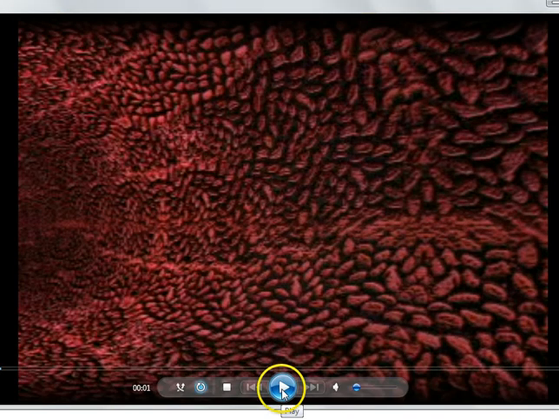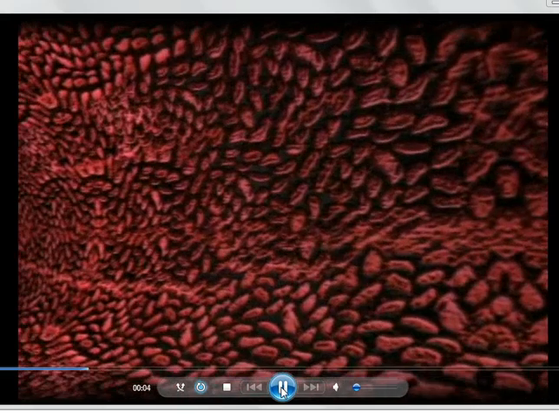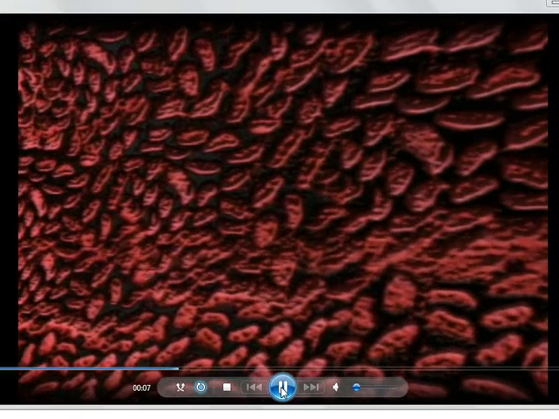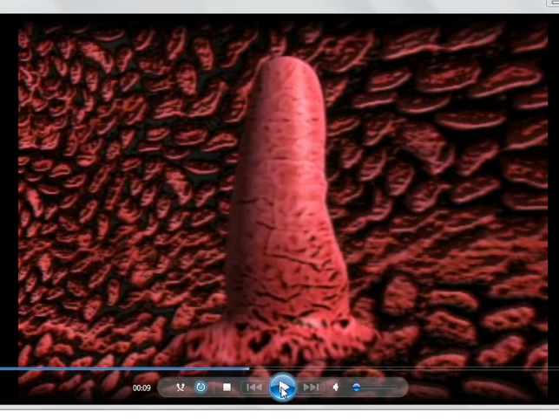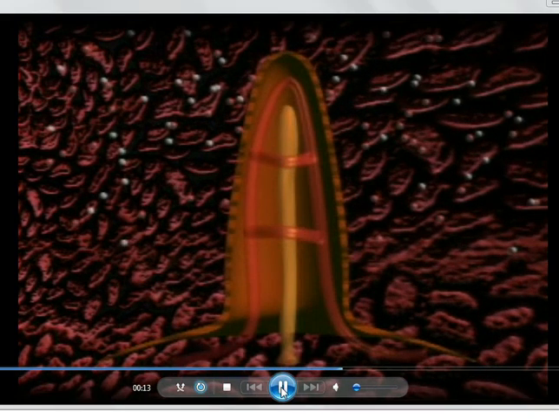So this shows the walls of the small intestine, and what we can see here are the villi projecting outwards. These are about 1 millimetre high, and you get between 20 to 40 of these per square millimetre. We'll run the animation now, and we'll pull out one of these individual villus projections. There it is there. Now we'll section it, and what we've got here are the underlying capillaries and lymphatic vessels.